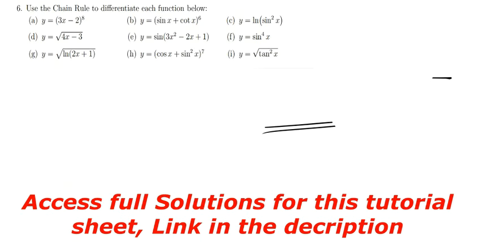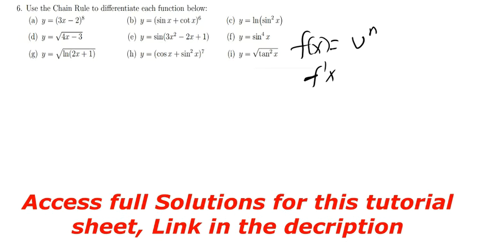So h, we now go to h, which is, we'll do the same. So in that case, remember our formula, guys. F of x is equal to u and f prime of x, you drop the power, keep this constant, this reduces by 1 times that. Now in that case, what is my u? My u is cos x plus sine squared x.